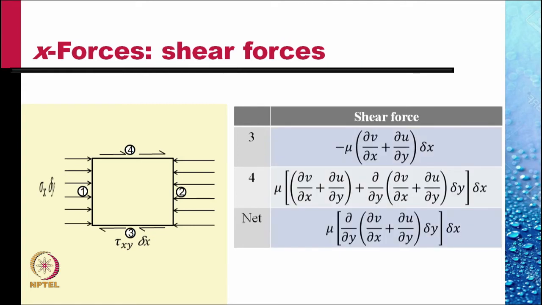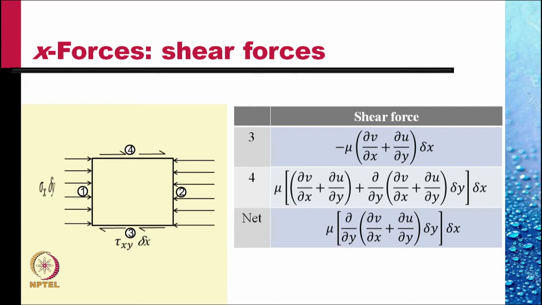Similarly, the shear forces on surface 3, the bottom surface, the shear forces to the left. The shear stress tau xy by Newton's law is mu times del v by del x plus del u by del y, multiplied by the area del x into 1, and minus sign because it is towards the left.